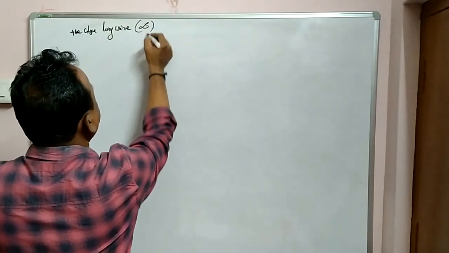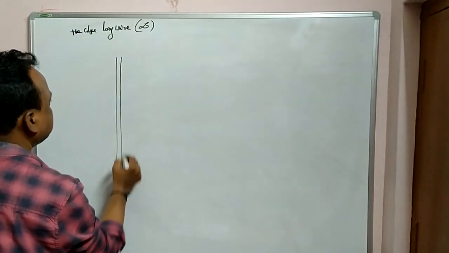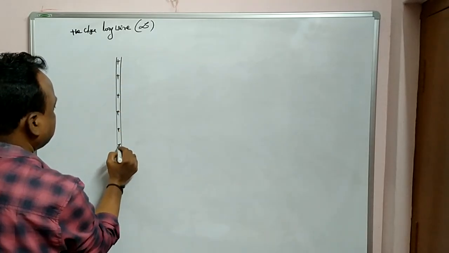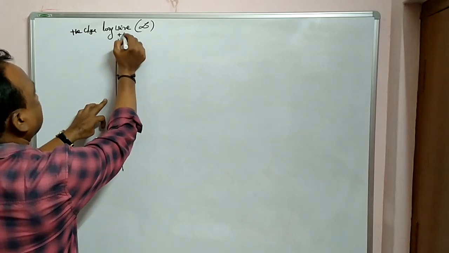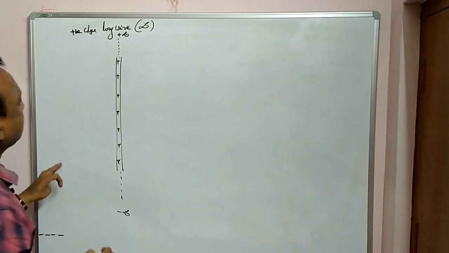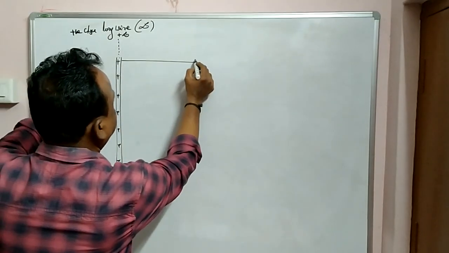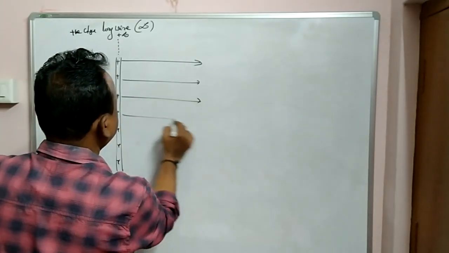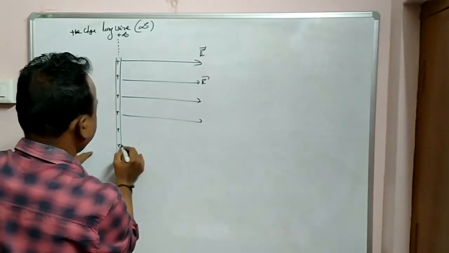For example, this is a positive charge, so this is an infinitely long wire. Always the field will be away from a positive charge.